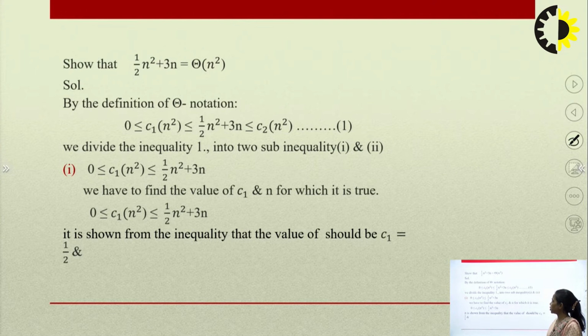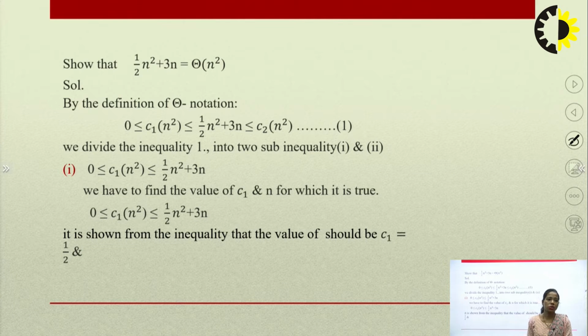The first question is half n square plus 3n is equal to theta of n square. First of all, I would like to tell you the meaning of the question. In the question, you are asked to prove that half n square plus 3n is bounded by n square.